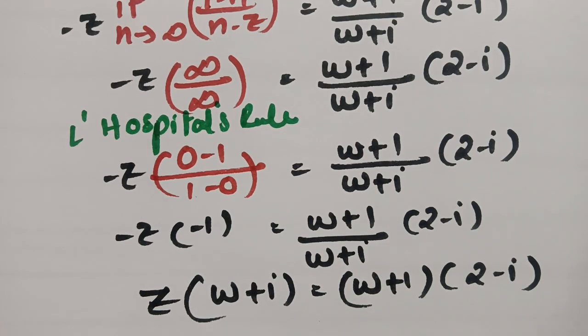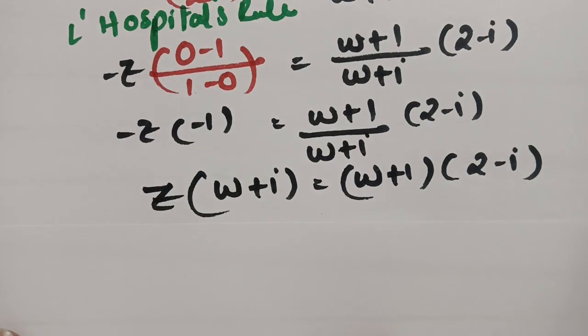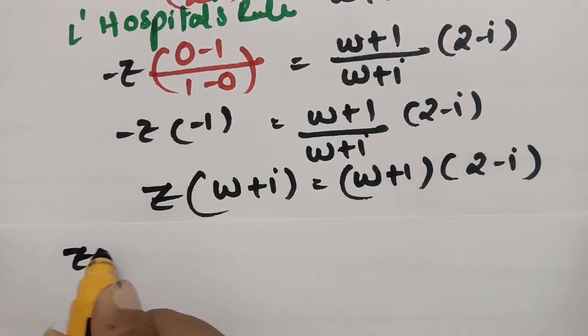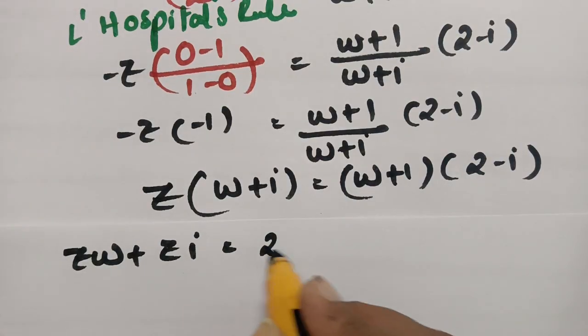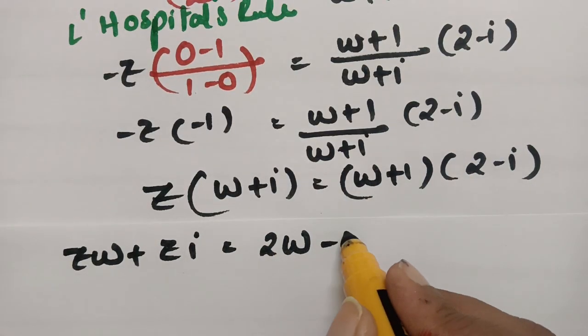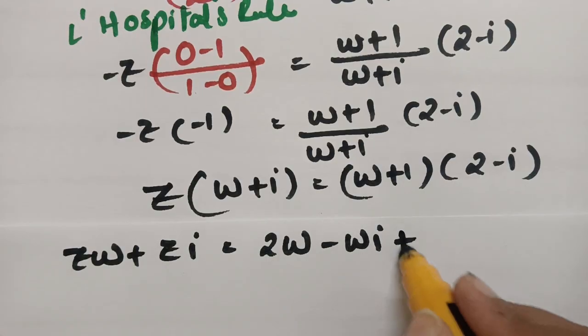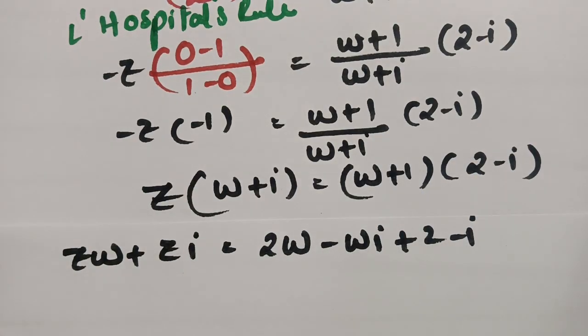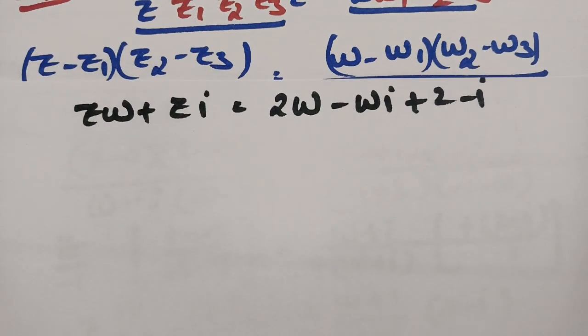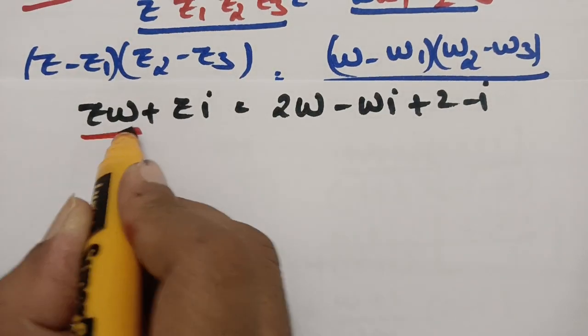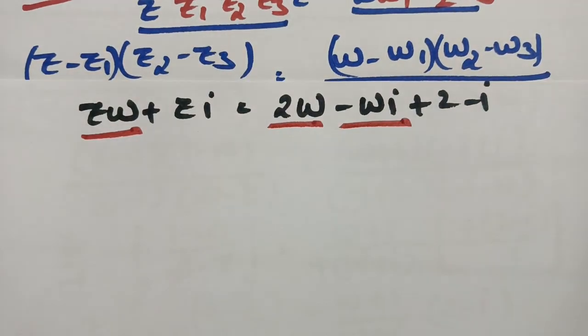And if I multiply both the values, this is zw plus zi is equal to, if I multiply, 2w, wi, and 2 and i. So here, in order to get the w value, what do we have to do? We have to take all these w values common. Here is a w and here is w and here is w.